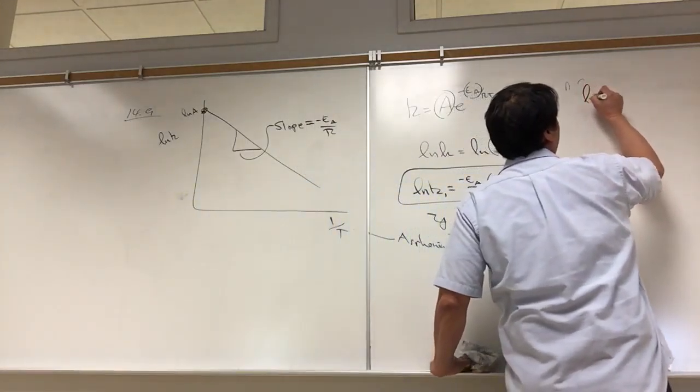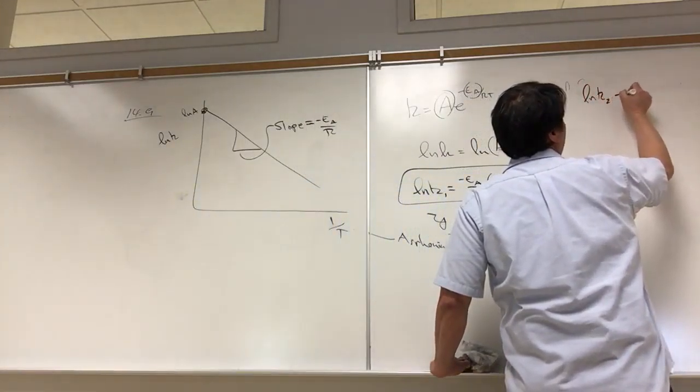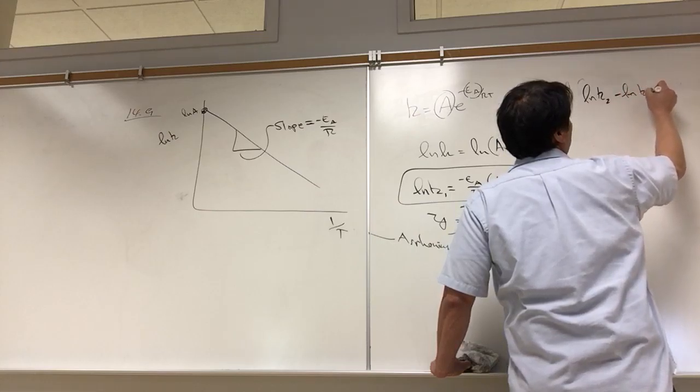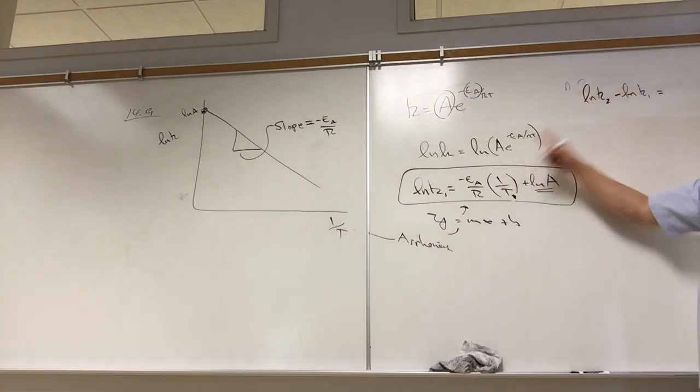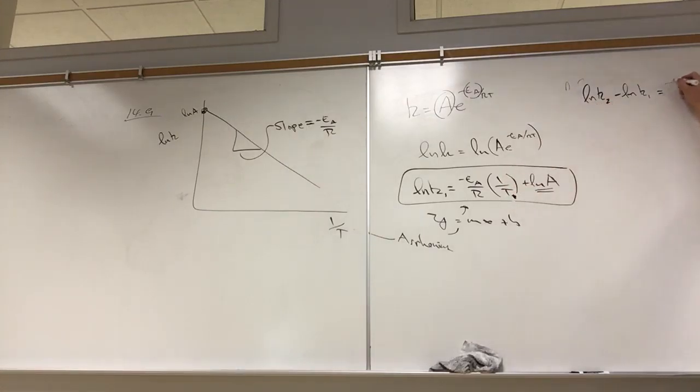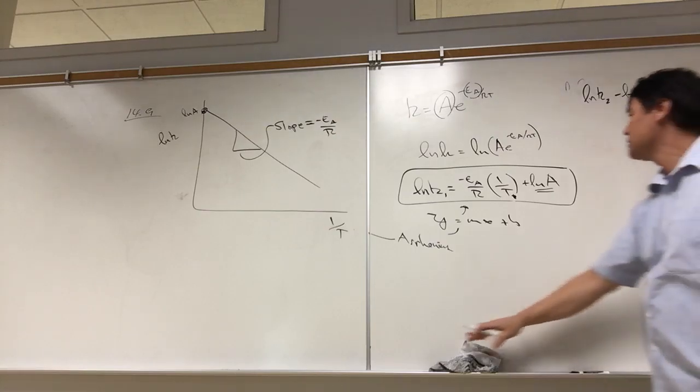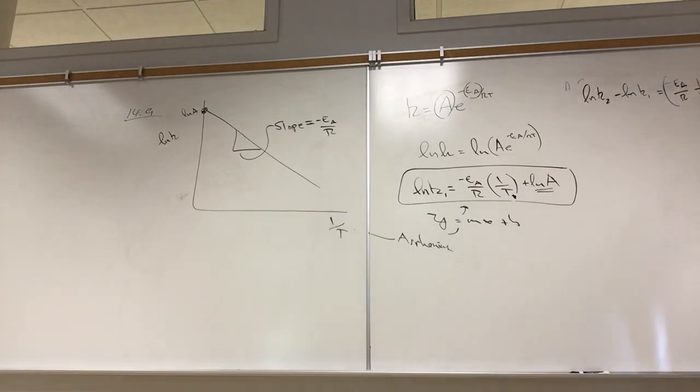If we take ln of k at temperature 2 minus ln of k at temperature 1: ln of k at temperature 2 is equal to minus EA over R, 1 over T2, minus ln of k at temperature 1, which is equal to minus EA over R, 1 over T1.